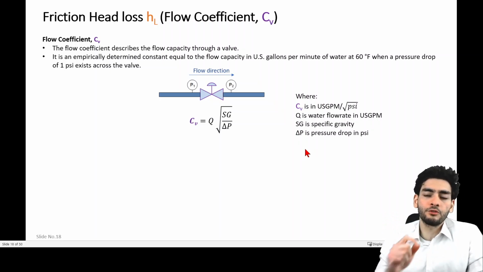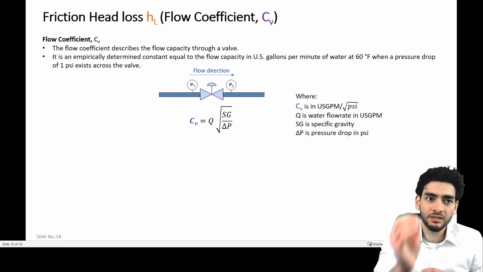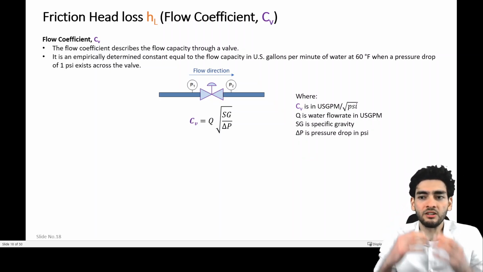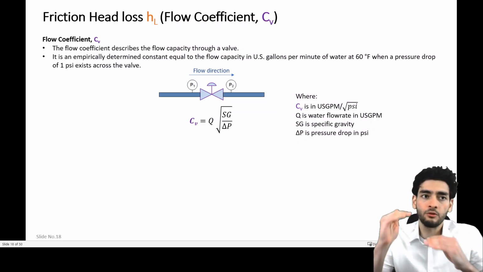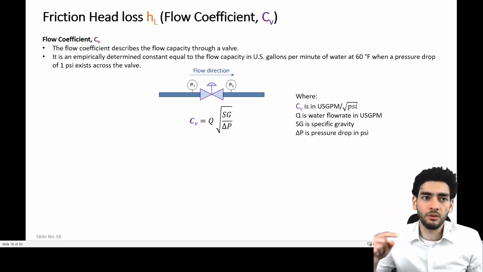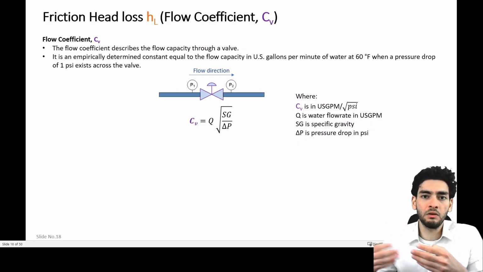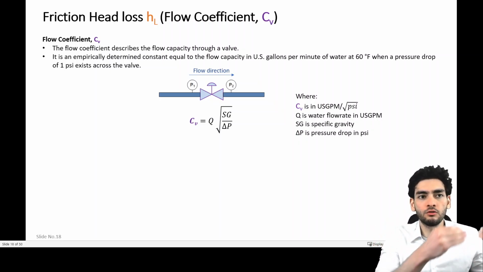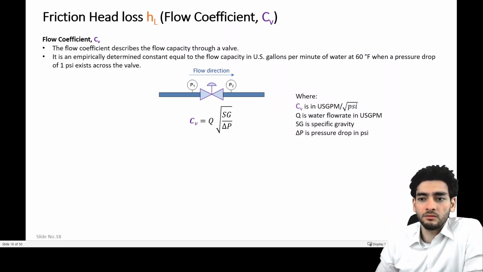So when you want to purchase a particular valve, it is very important that you go to that supplier or vendor and ask for the CV value, or look online at their catalogs. They would have different ports for the same valve, and they would give you the CV value for each of the valves in the catalog.